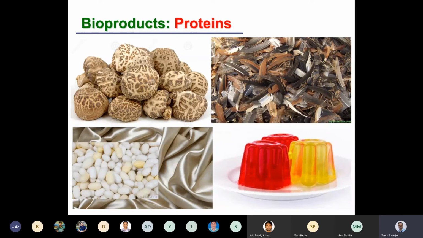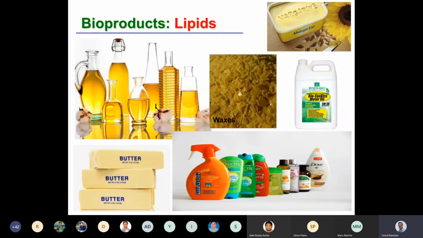non-food applications. We have lipids, just oil, vegetable oil, butter, margarine, waxes, biolubricants, some surfactants that can be applied in cosmetics, many types of cosmetics, and personal care products.